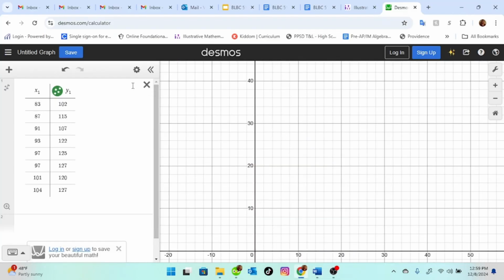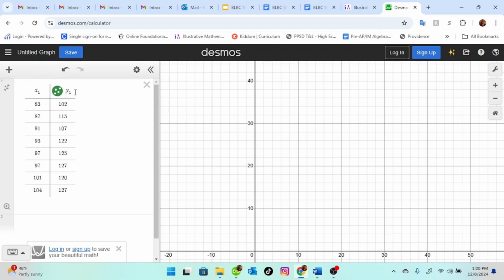Now, on this calculator, in order to put in a table of values, you want to hit this plus sign that says Add Item. When you click it, it'll give you options for function expressions, notes, tables, folders, and images. So you want to choose Table.